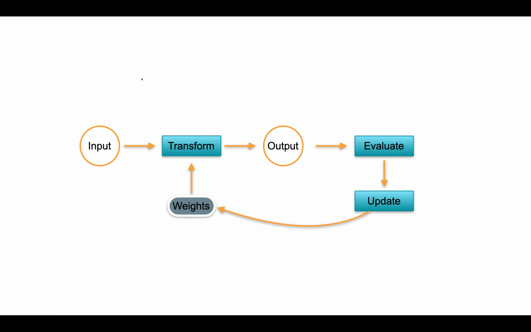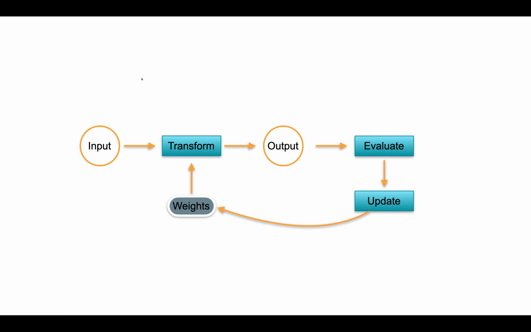It will take some input, and then some transformation will happen on the input, given the input and some weights, and that will produce an output. And we're going to have an evaluation mechanism which will evaluate the output and then update the weights.